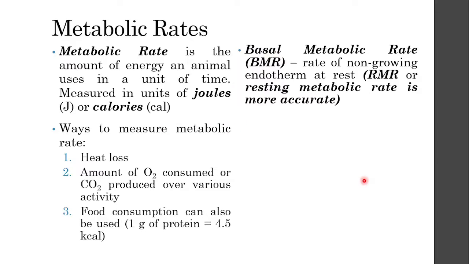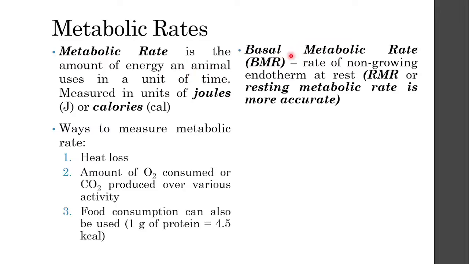Again, this is the smallest amount of energy that you use when you are basically doing nothing, when you are at rest. So it means you are not digesting food, you are not sleep deprived, you are not stressed. Then you can actually measure the minimal metabolic rate, or the smallest amount of energy you use to survive.